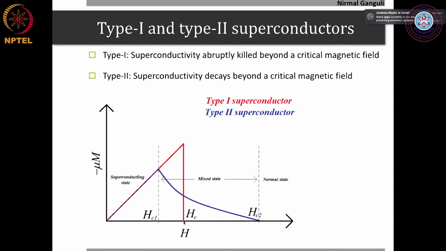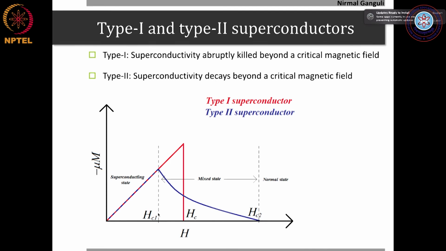But if we have a type 2 superconductor, then there are two different critical fields. Up to the first critical field, the magnetization keeps on changing linearly. Then beyond this field, there is an exponential decay in the magnetization, or negative of magnetization to be more precise, and beyond the second critical field, the superconducting property is completely killed.